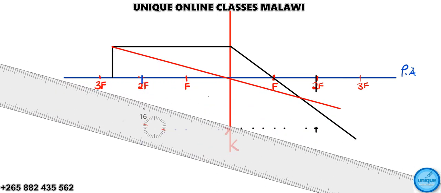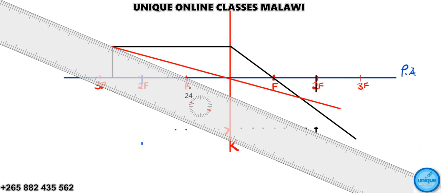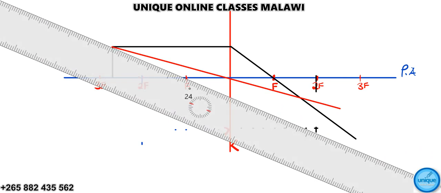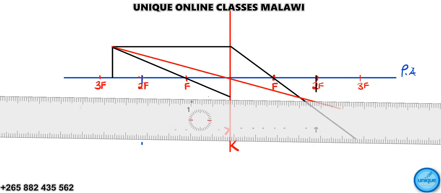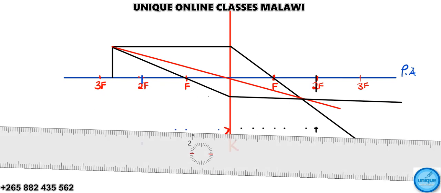What's very important is only the principal ray and the central ray. They are the ones which are very, very important. Then immediately the focal ray. So we have that one.